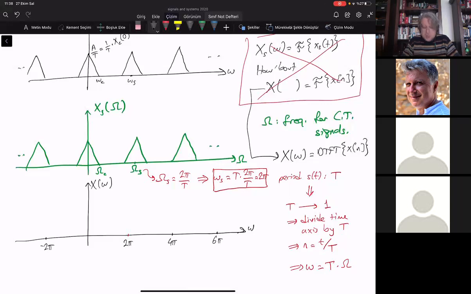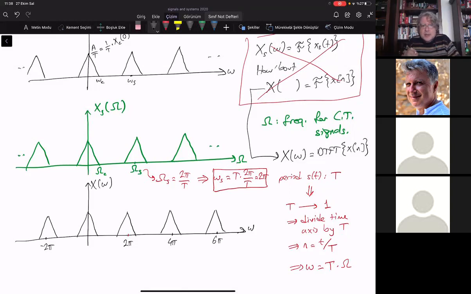How about the rest of the shape? The rest of the shape is just the same. It's the same triangle. Maybe scaled, because now the horizontal axis is not periodic with capital omega s, but it is periodic with 2 pi. So you have to scale the horizontal axis correspondingly, but the shapes are the same. Shape-wise, the green and the black Fourier transform signals, of course, look the same.